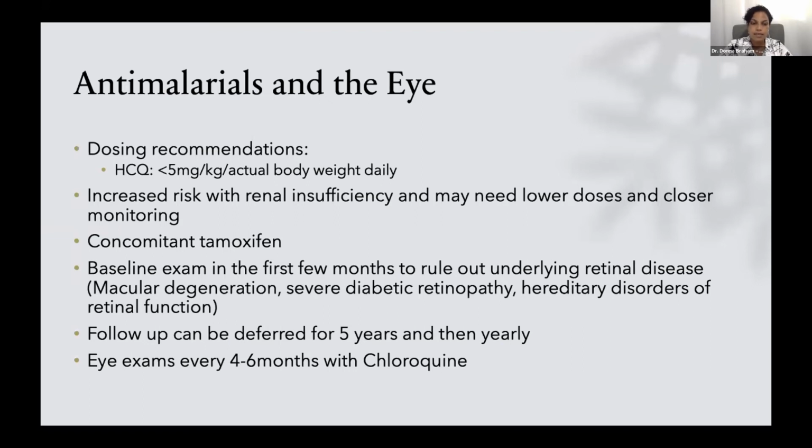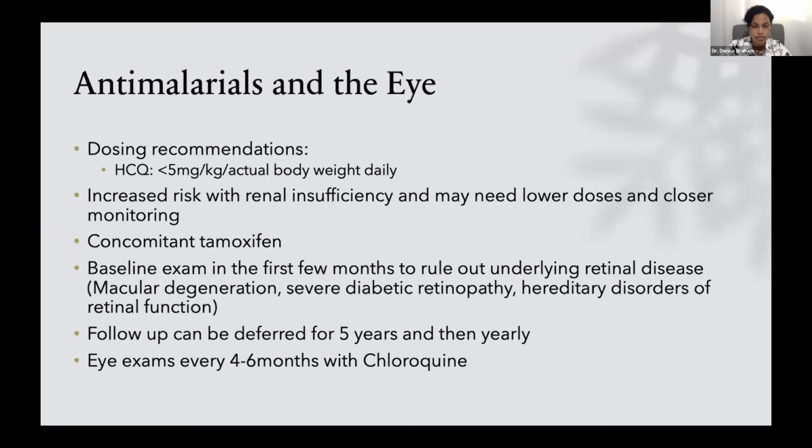Ideally, a baseline examination is supposed to be done within the first few months to rule out retinal disease. So you do not necessarily have to get an eye exam prior to starting hydroxychloroquine.